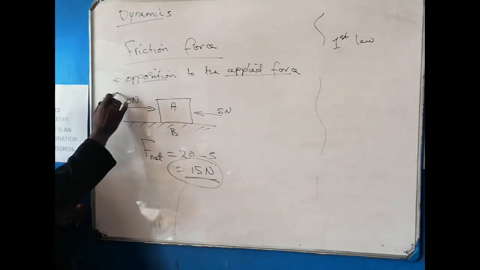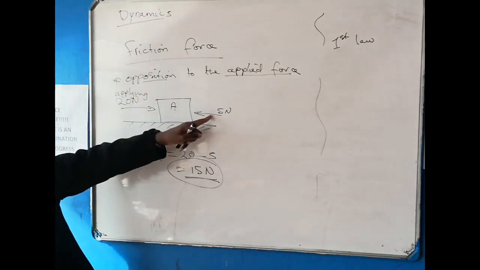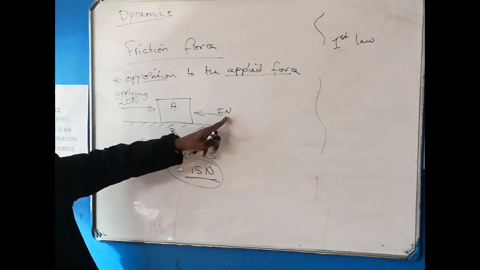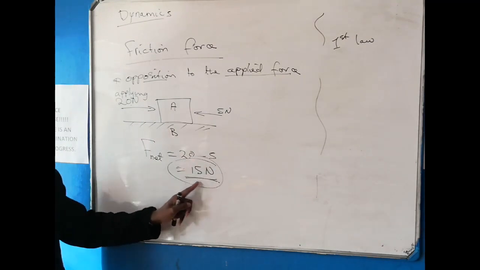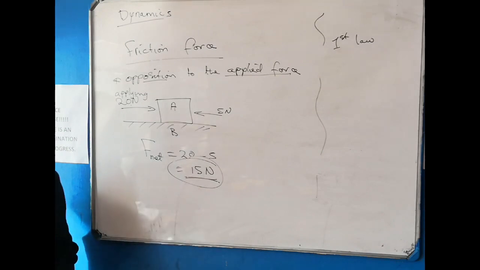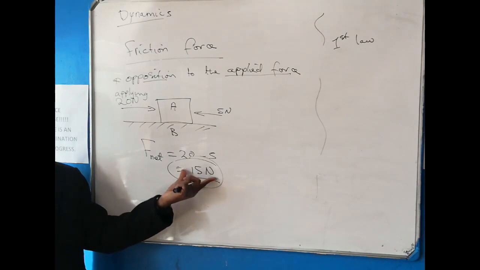You are applying 20 newtons, but because of friction between that object and that surface, 5 newtons opposing on that side, your net force becomes 15. This net force is the one that will cause your acceleration. This is the one that will now obey Newton's second law.